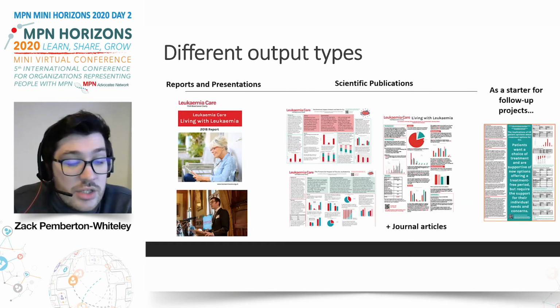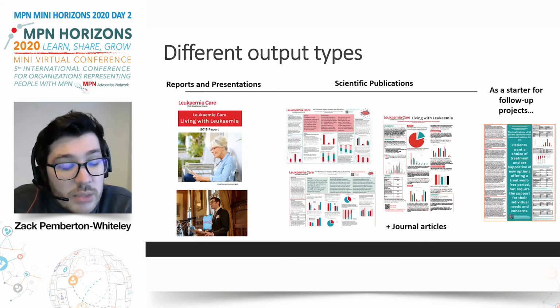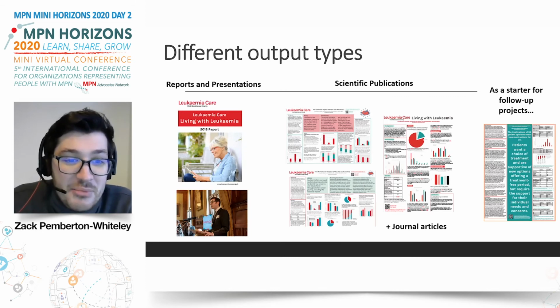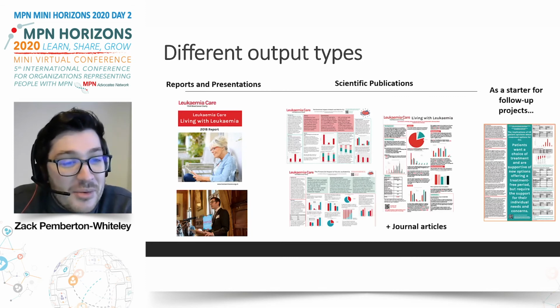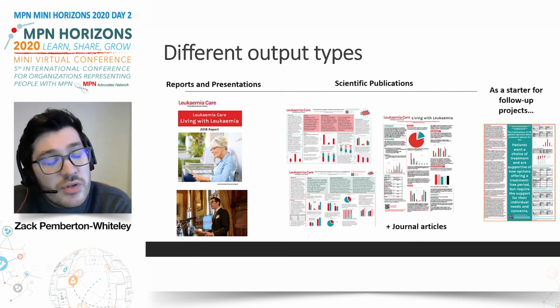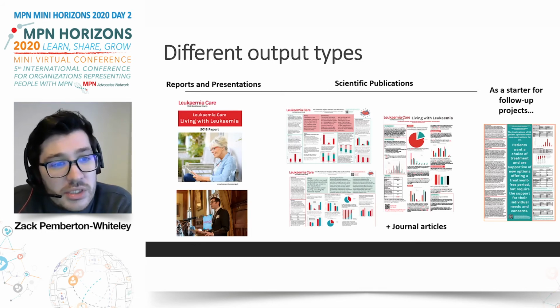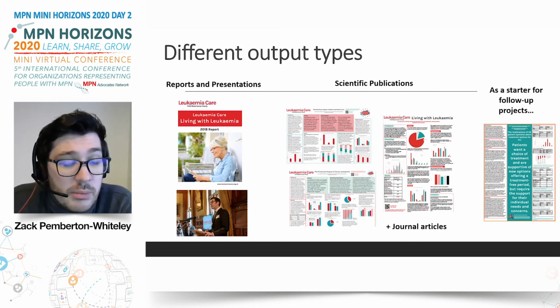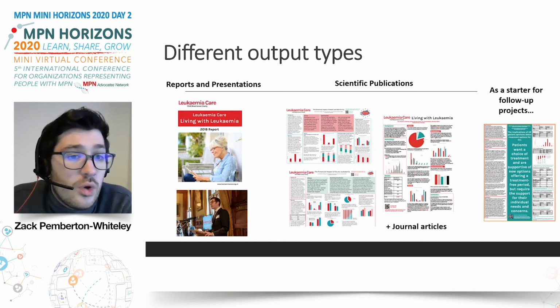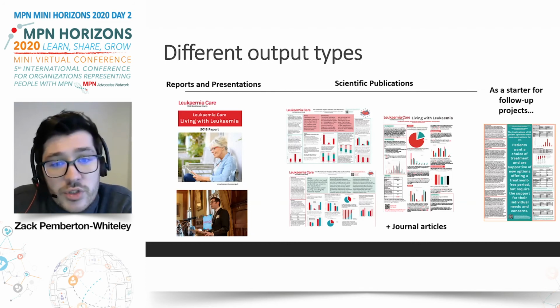It may be presentations at key events to your stakeholders or to people you're trying to influence, such as when we launched them in the Houses of Parliament in the UK at a time when that was a thing you were able to do and everything wasn't virtual. If you're interested in influencing the scientific community, you may want to do scientific publications, whether that's posters or journal articles. Really depends on how in-depth the project is.